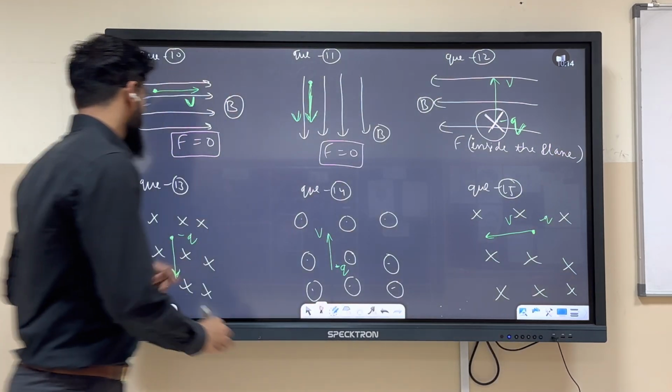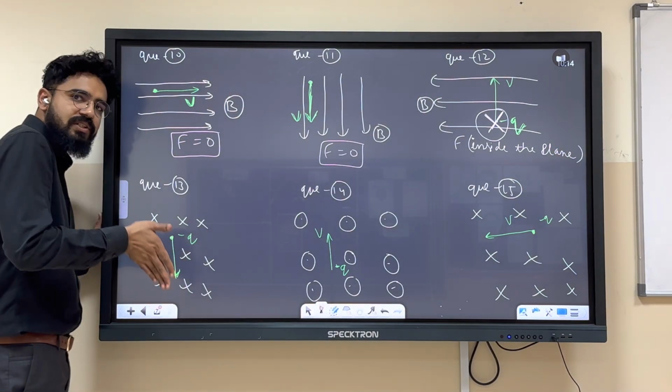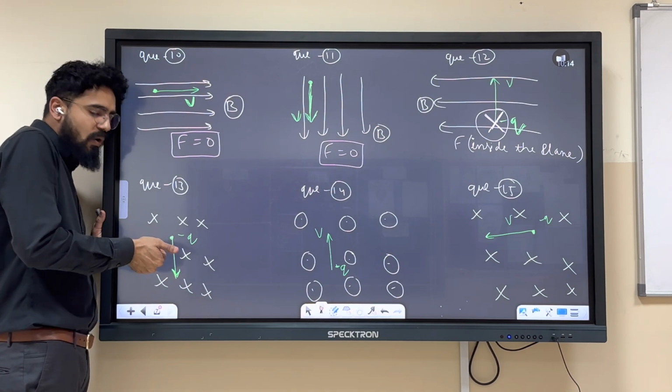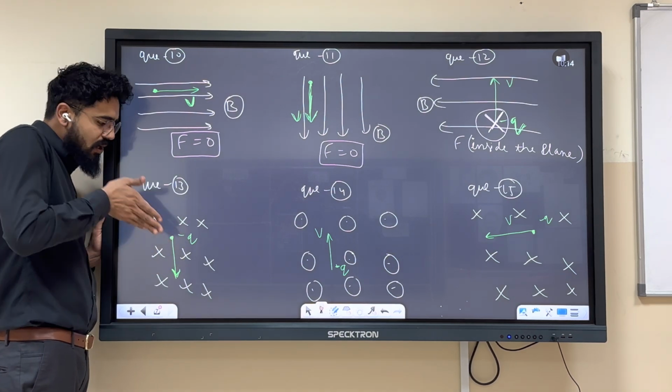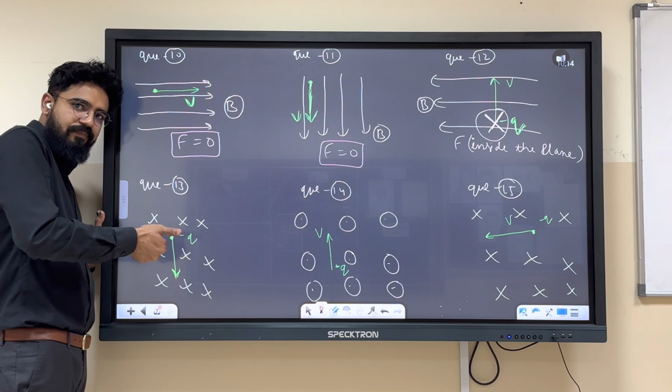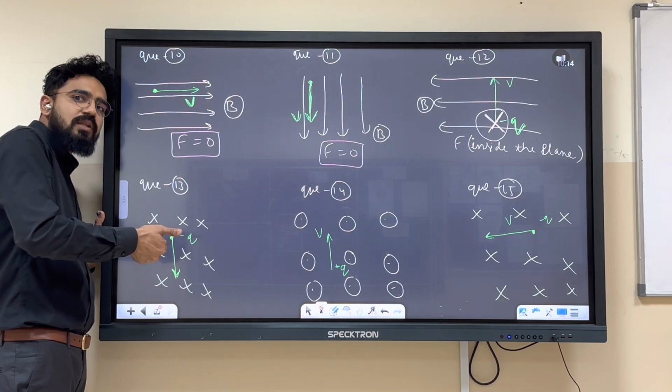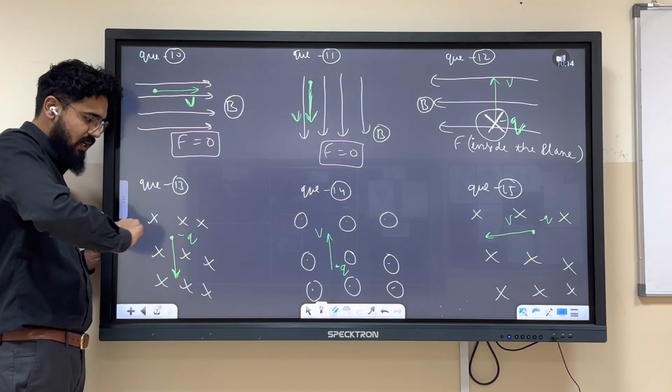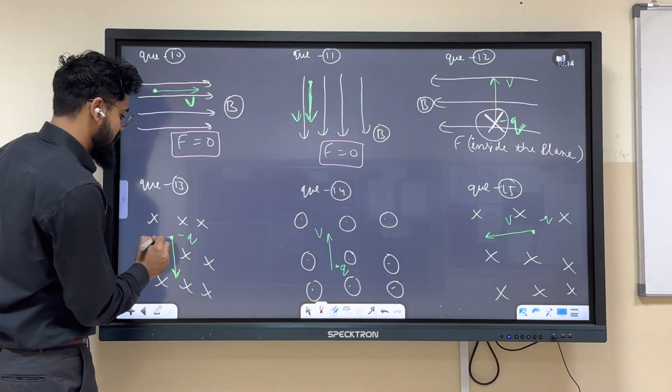Inside the plane. Okay. Over here, V in this direction, magnetic field inside. So according to you, force should be in this direction, V cross B. Correct? But the charge is negative, so it will come in this direction.